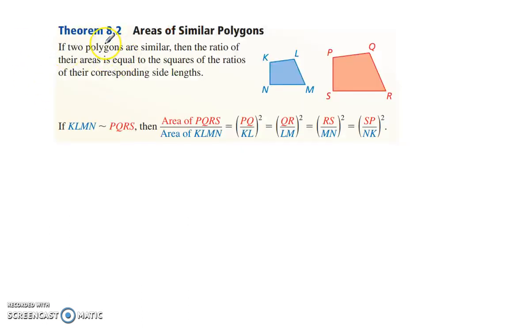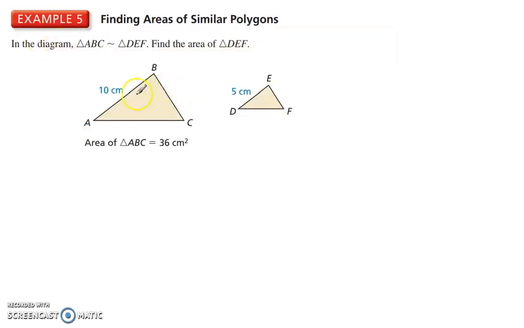All right, so Theorem 8.2, the areas of similar polygons: the ratio of the areas is equal to the square of the ratio of the corresponding side lengths. Sounds complicated, but it's basically what we just did. So if I have an example here, I know that triangle ABC, the area is 36, and these corresponding sides are 10 and 5.